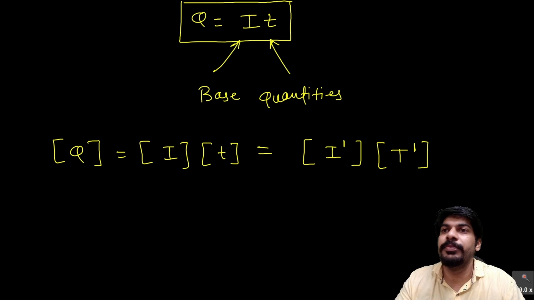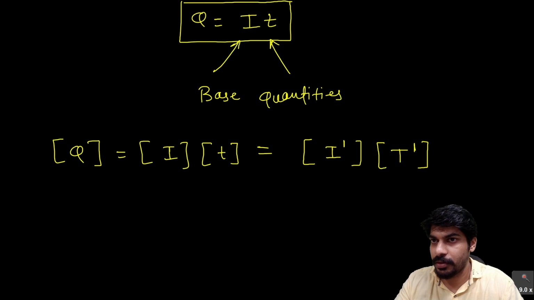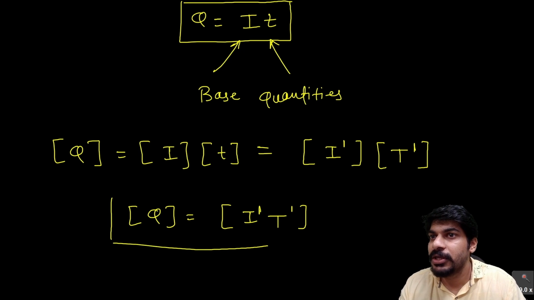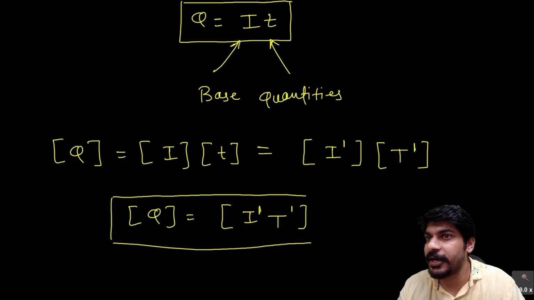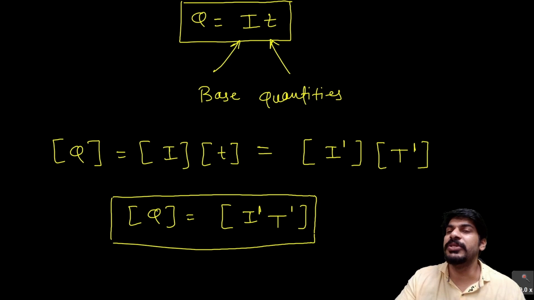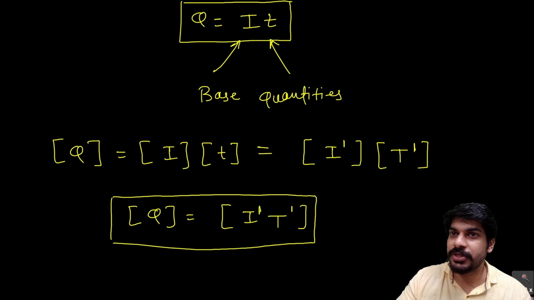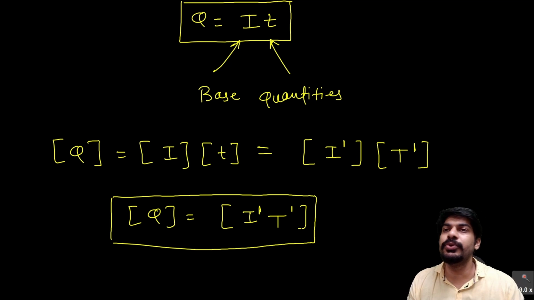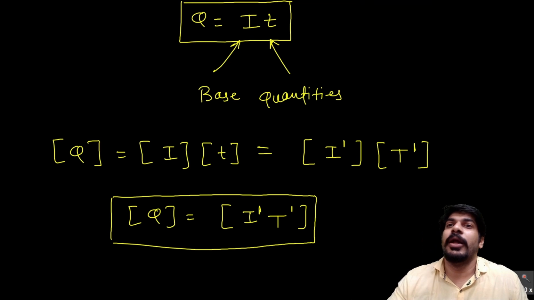So our formula will be simply Q = I¹T¹. This is going to be the dimensional formula for electric charge. You can see there is no mass or length involved here, because current is itself a base quantity and time is itself a base quantity. We don't need to represent current in terms of the base quantities again because it is already a base quantity. I hope this is clear.